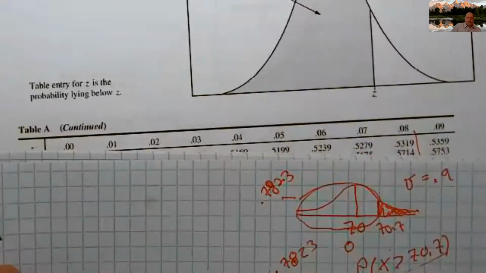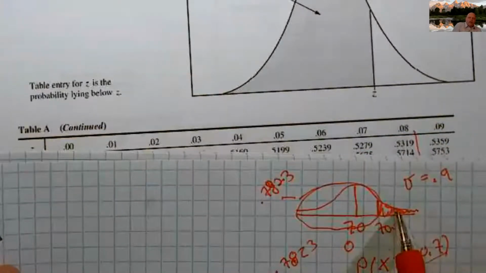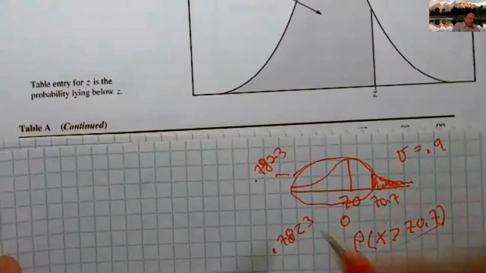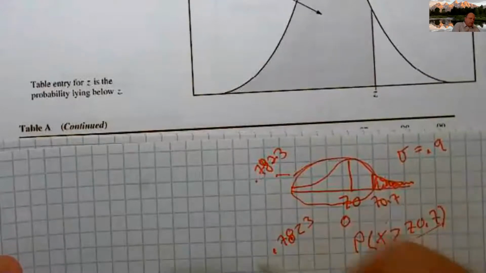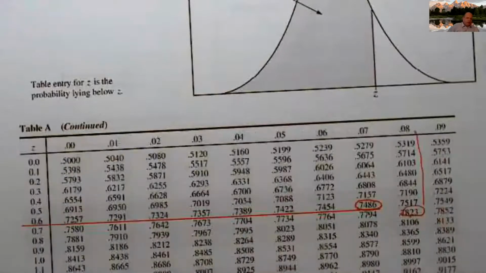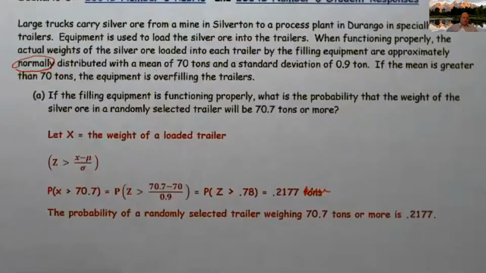That's what it calculated. I need this area up here. Well, remember the area underneath any probability curve is 1, so I need to subtract from 1. And 1 minus 0.7823 gives me the 0.2177.